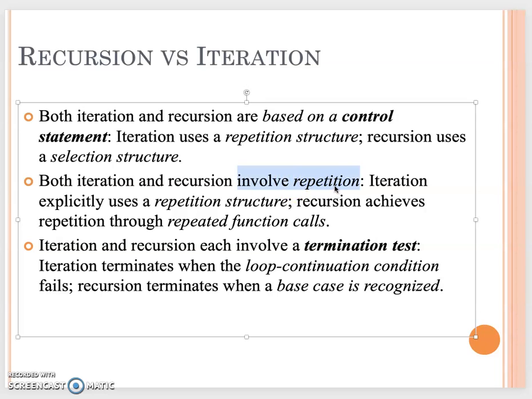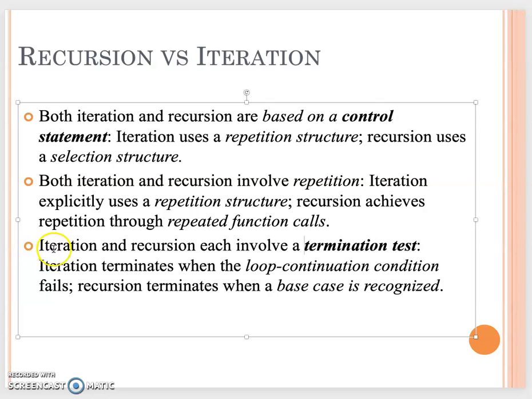Iteration repeats in the for loop. The recursive function repeats by calling the function again and again and again, until it reaches the base case and returns. Then they come back with the result.